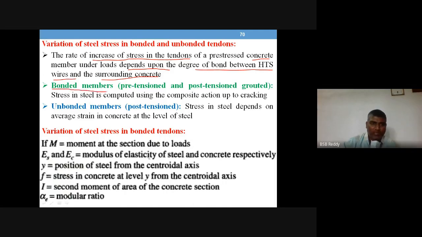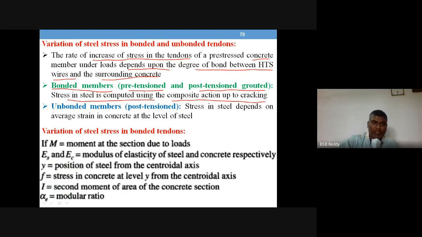If you take a bonded member like pre-tensioned or post-tensioned grouted, these two are examples of bonded pre-stressed members. Stress in steel is computed using composite action up to cracking. Once cracking is induced, then it behaves like an unbonded member, right?